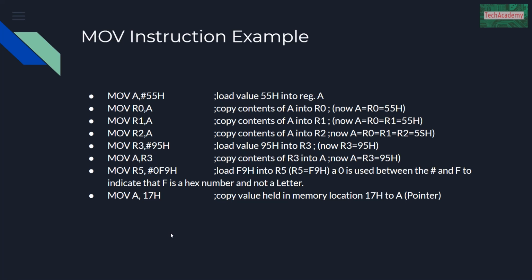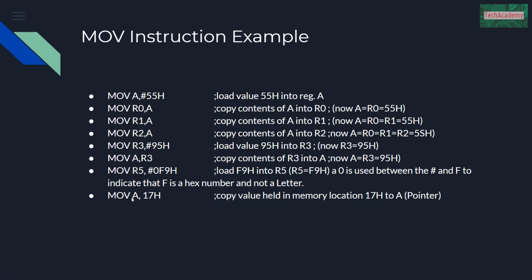From that RAM location, we can directly move data into, let's say, accumulator. Okay, so 17H is nothing but the address of your RAM location. So data from this 17H of the RAM will get copied into accumulator. So this is as good as a pointer where we are directly mentioning the address.